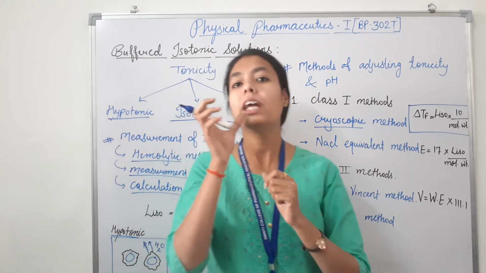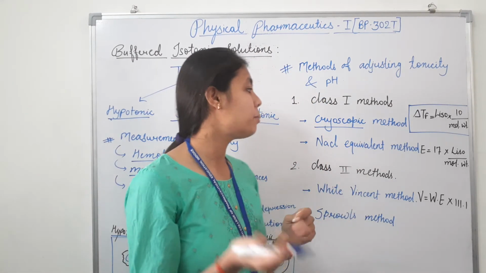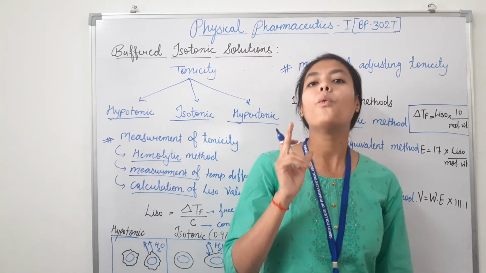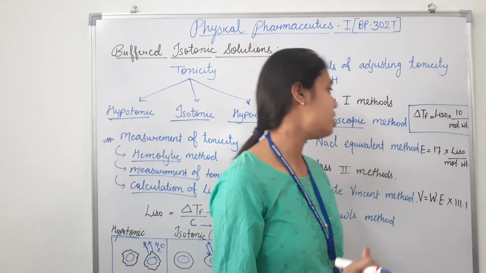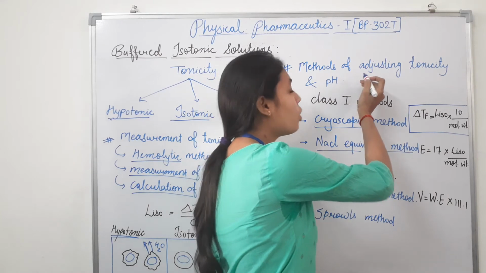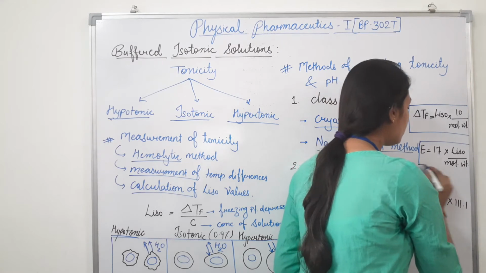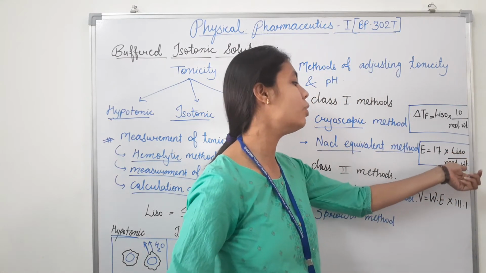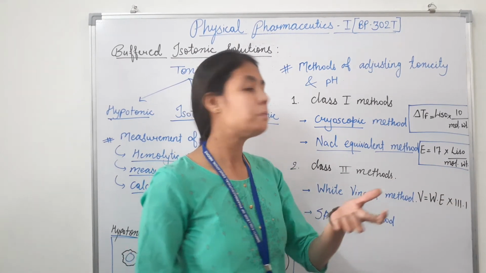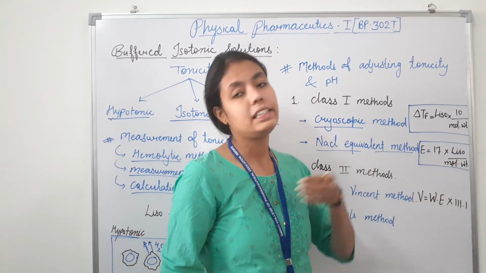That means we have to take an equivalent amount of NaCl that exerts the osmotic pressure equivalent to the osmotic pressure exerted by 1 gram of drug. For tonicity adjustment by the NaCl equivalent method, the equation is E equals 17 multiplied by the LISO value divided by the molecular weight. Here we have to take the molecular weight of the drug component for which we have to adjust the tonicity.